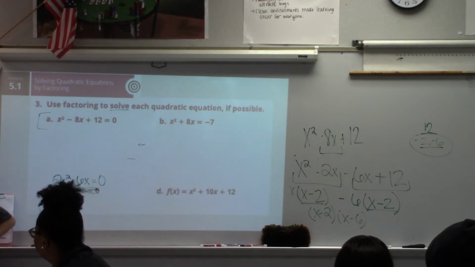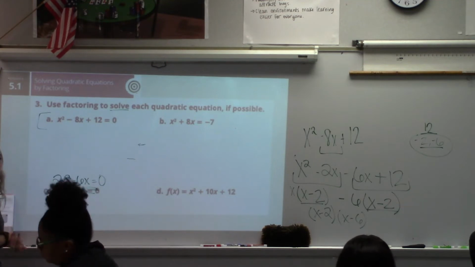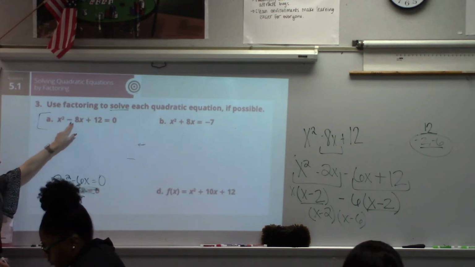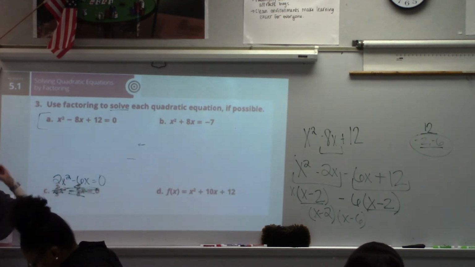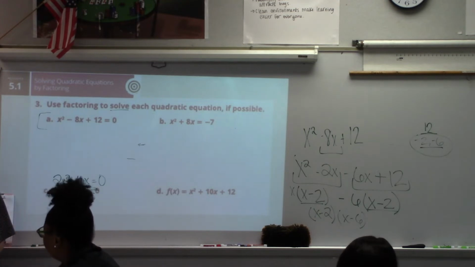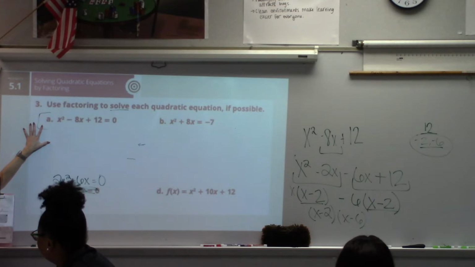Just looking at it, do you know what the answer is? Okay, so that means we can't solve quadratic equations when they're in standard form. So that's why we're factoring them. And then remember, when we use the zero product property to set them equal to 0, that's solving them. So you can't solve quadratics like that in standard form. We have to factor them first.